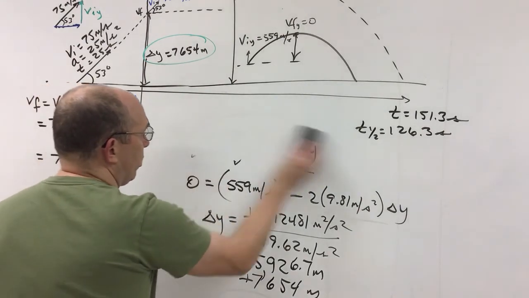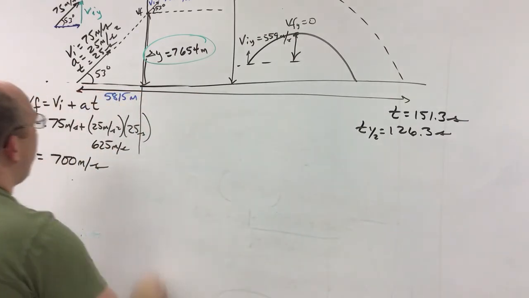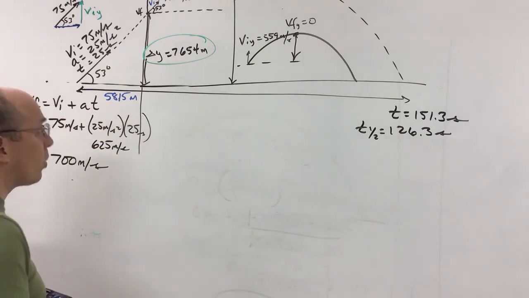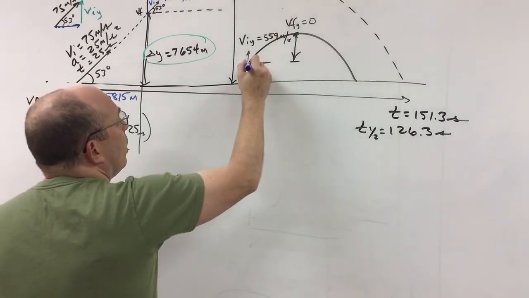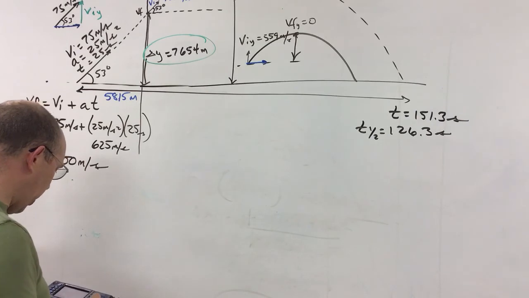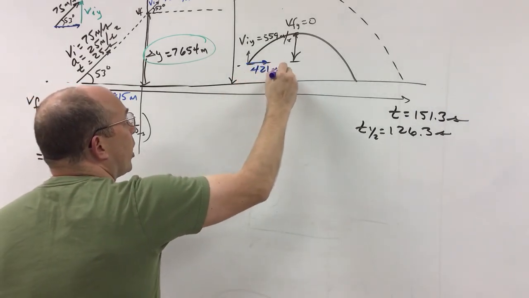Last is going to be the total range. How far horizontally will we go? Well, remember we found the first piece right here, and now the other piece is this. You'll recall that the horizontal component of this velocity, once it's under the influence of gravity, is not going to change. That was 700 cos 53, so that's 421 meters per second horizontal.